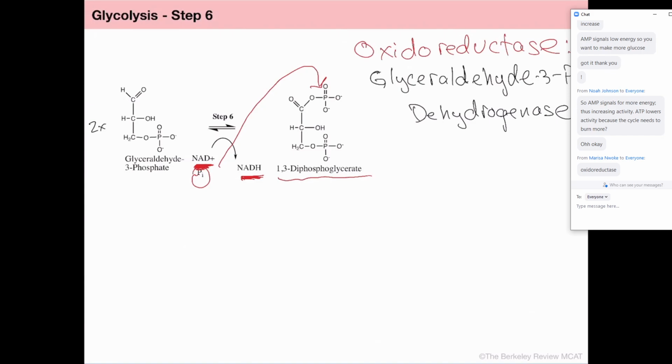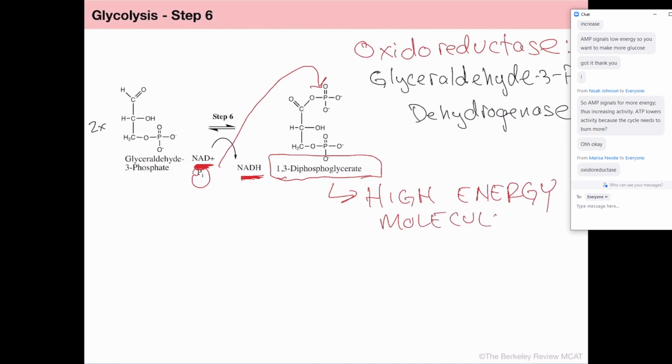Because this molecule has 2 phosphates on it, we're going to say that this is a high energy molecule, right? Phosphates next to each other don't want to be there. They're willing to leave, and you can capture some of that loss of energy and store it in the form of ATP.